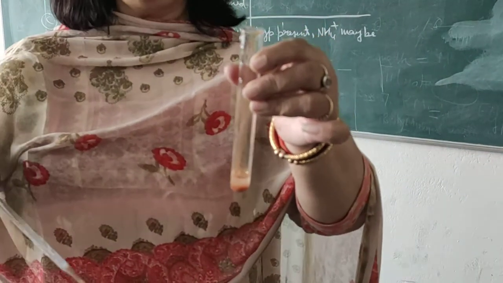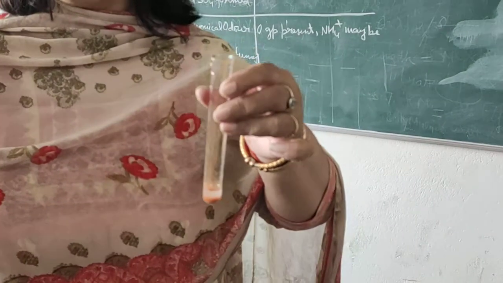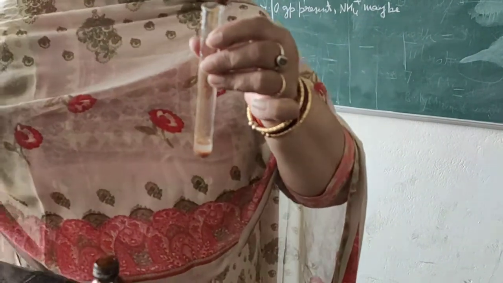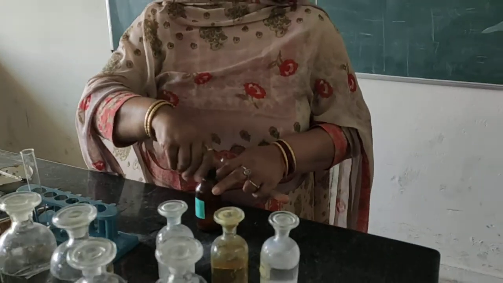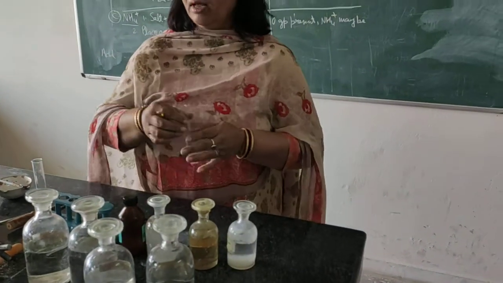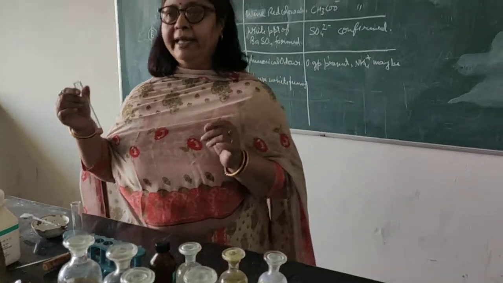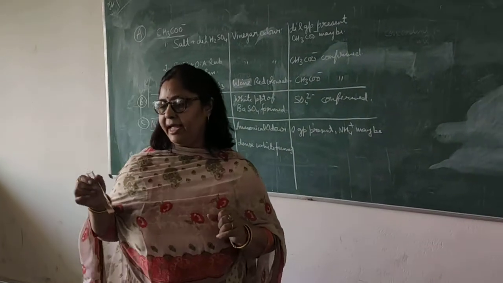So the reddish brown precipitate is formed because of the formation of Millon's base. So this is again a confirmatory test for ammonium. Now another salt which contains ammonium and sulfate ion.